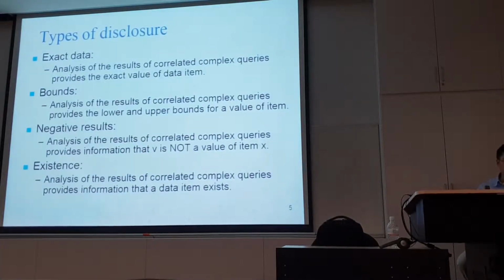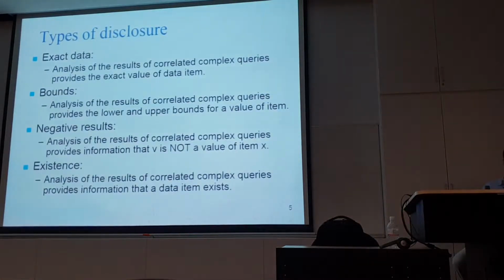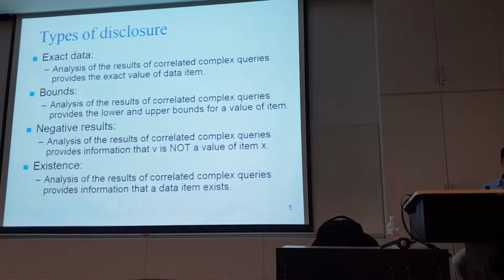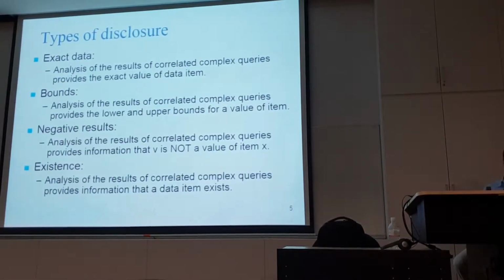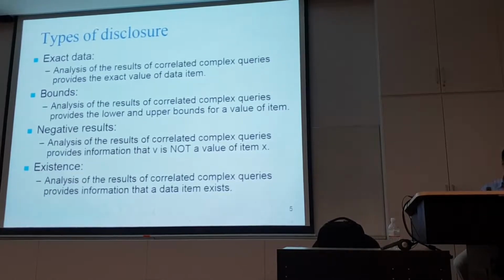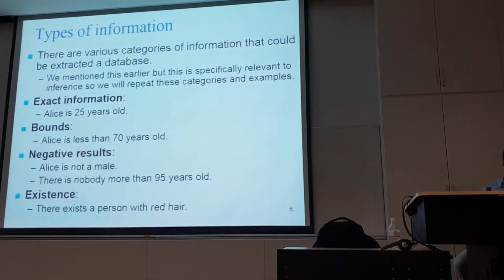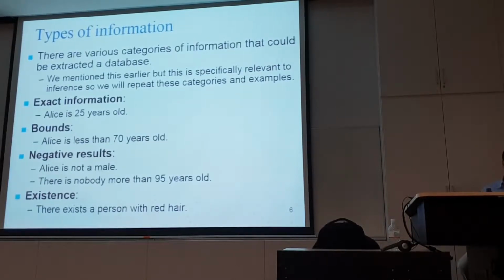So the types of disclosure are the same as we looked at in the previous part. We can have exact data, bounds, negative results, existence, and so on. All these kinds of information may contain private or confidential information, and we want to prevent the disclosure, right?